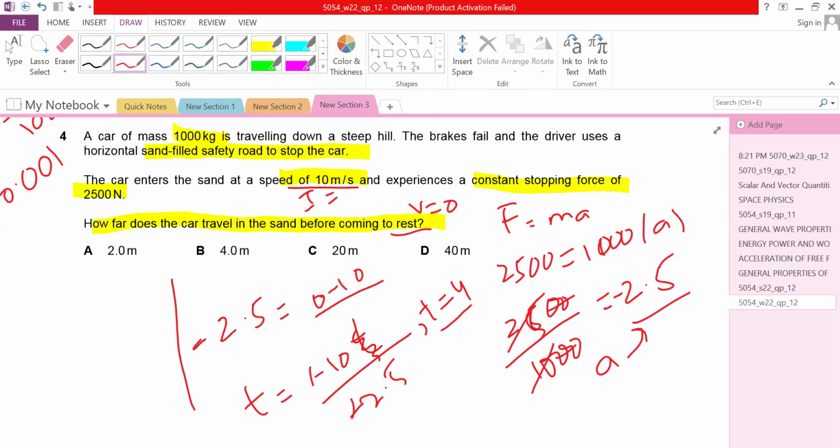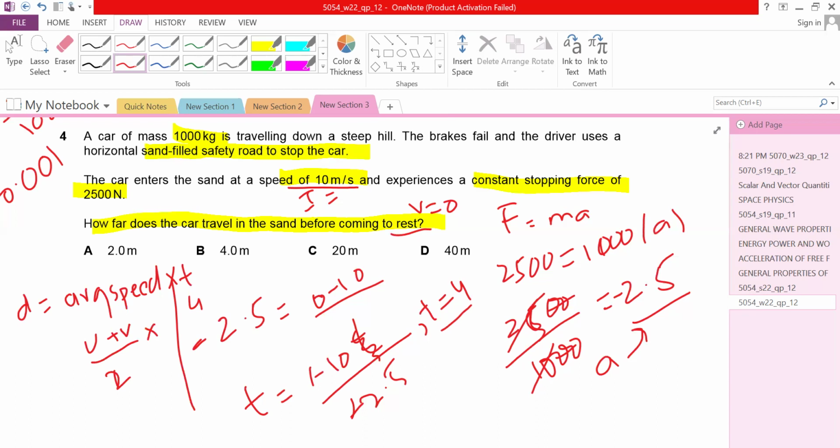Now you have to find the distance, so you have to use the formula of average speed. Average speed equals distance divided by time. You will rearrange the formula, then distance would be equal to average speed into time. The time is 4 seconds, and to calculate average speed, you will use initial plus final speed divided by 2, into time, which was 4.